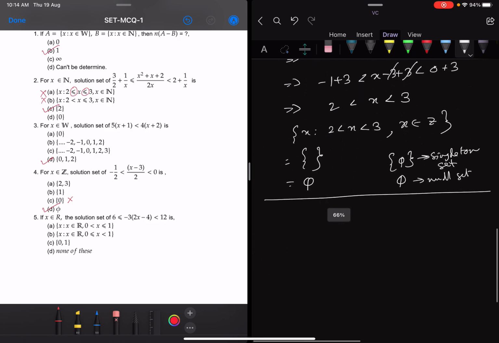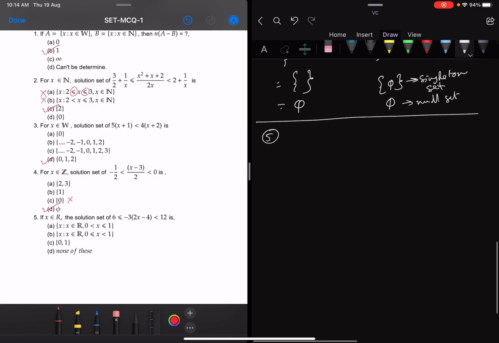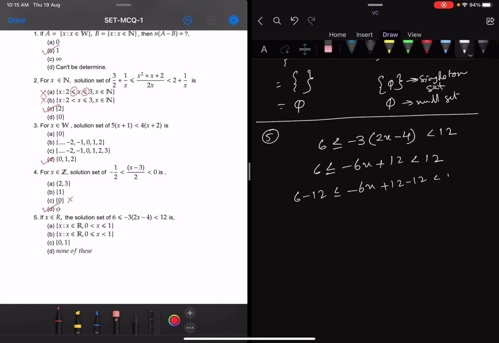Now for the next part, question number 5, it is 6 less or equals to minus 3, 2x minus 4 less than 12, that is 6 less or equals to minus 6x plus 12 less than 12, and if we subtract 12 from it, that means 6 minus 12 less or equals to minus 6x plus 12 minus 12 less than 12 minus 12, that means it is minus 6 less or equals to minus 6x plus 12 minus 12 is 0 less than 12 minus 12 is 0.